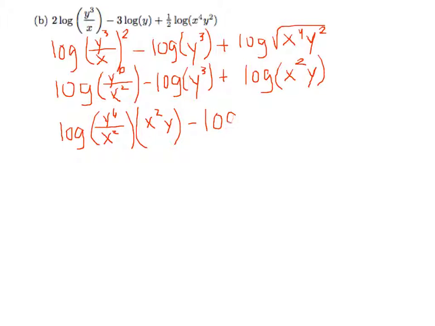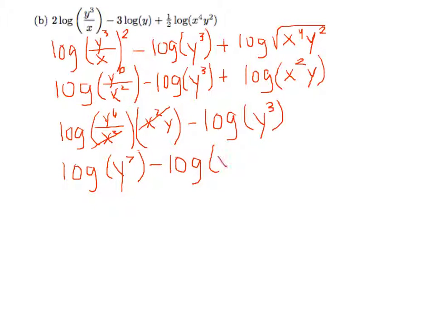minus our log of y cubed. And we can do a little simplifying here. These x squareds will cancel, so we have log of y to the 7th minus log of y cubed. And the last step is grouping these together by our division rule.